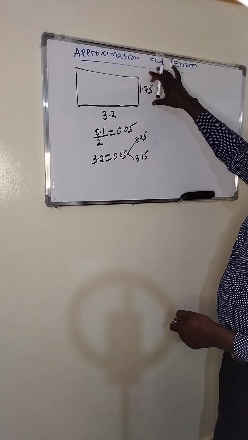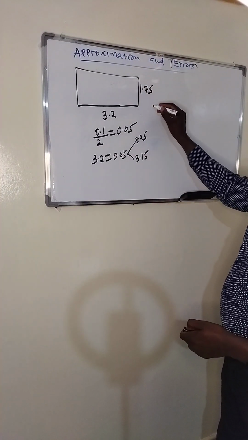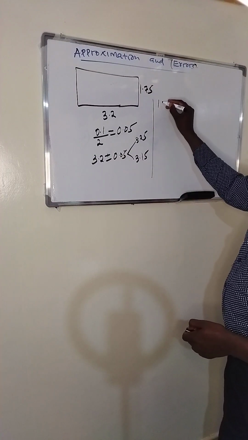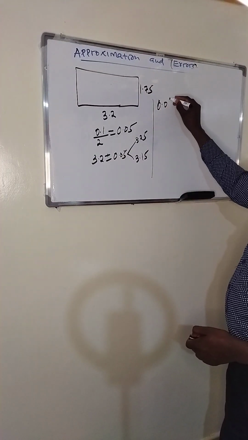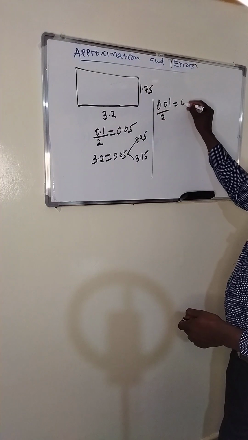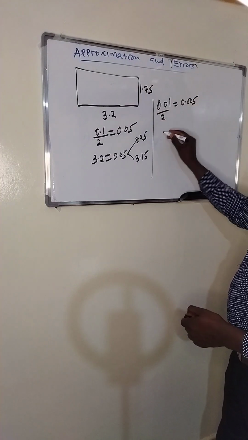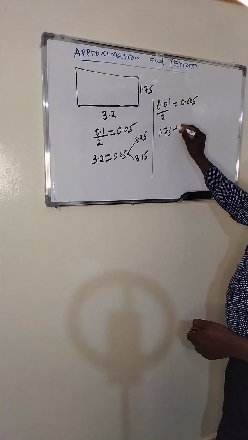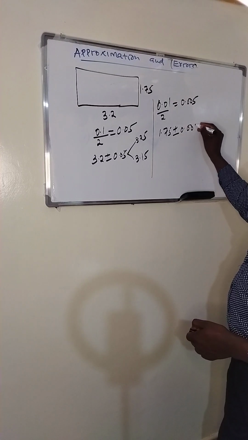The same case applies to the width. For the width, however, it will be 0.01 divided by 2, which is 0.005. So you have 1.75 plus or minus 0.005.